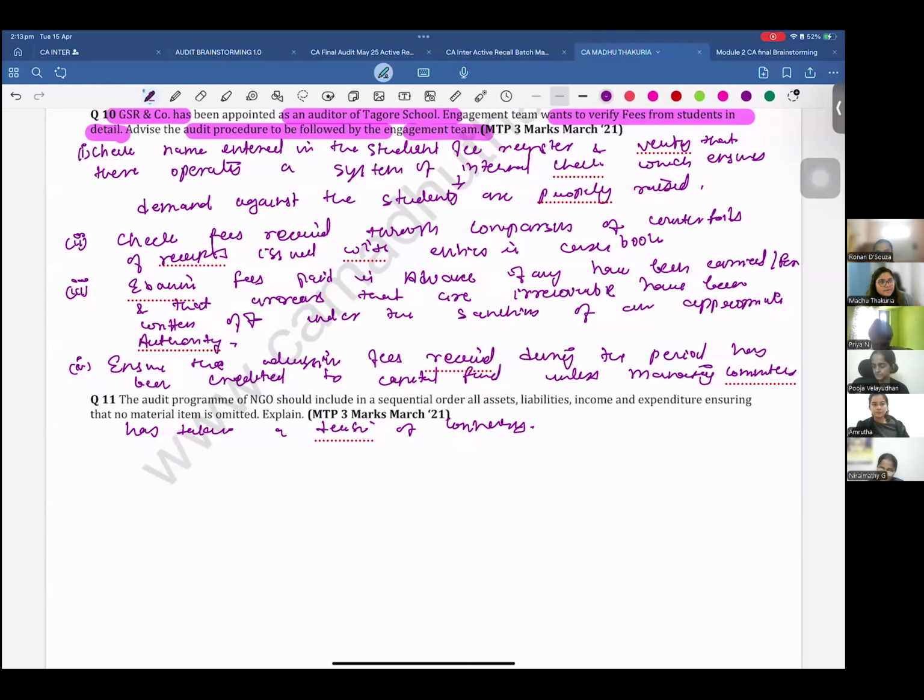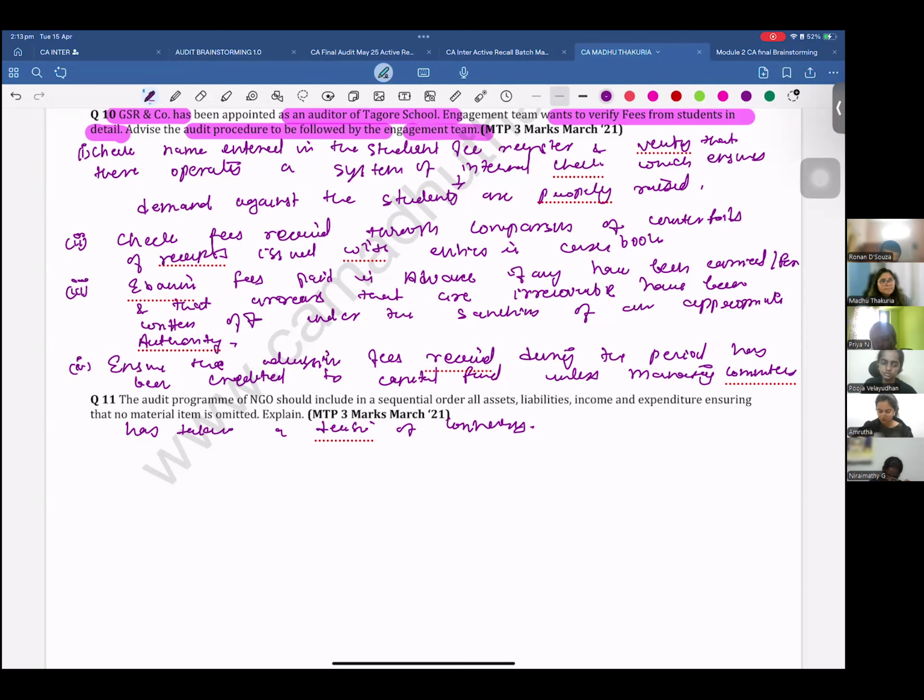Okay, in terms of receipt from a school, how do you verify that? Anyone? I just want any one point from you. Ma'am, confirm if there are any fines for late payment of fees or penalties.